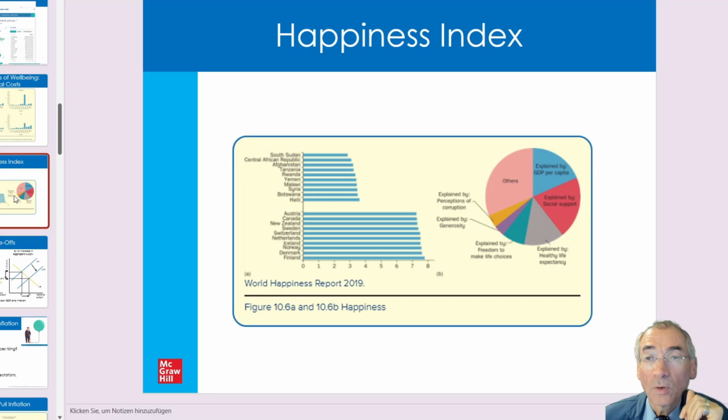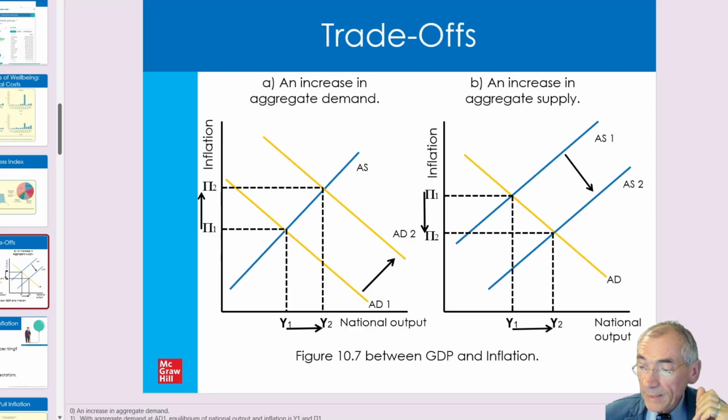I hope you recall our discussion at the end of semester 1, where we looked at alternative approaches, and we already then asked ourselves, is GDP and GDP growth really an appropriate way of measuring economic activity? We put a question mark to this, but on the other hand, we all do. The world economy does, the governments do, and so on. So we have to discuss the way we deal with GDP.